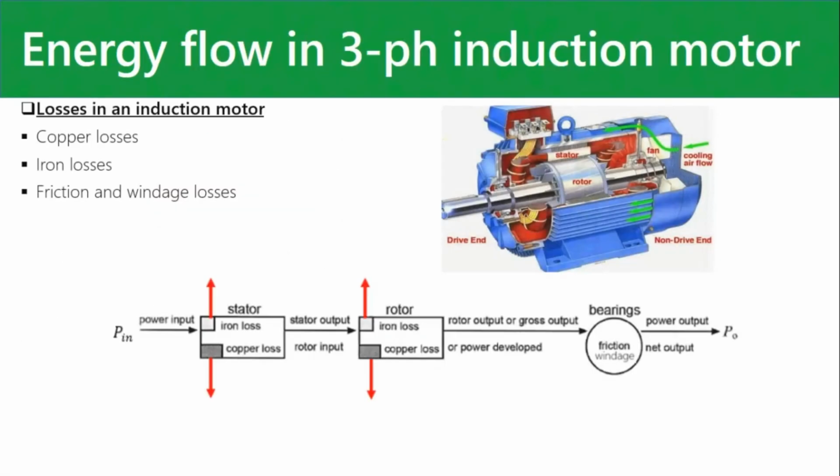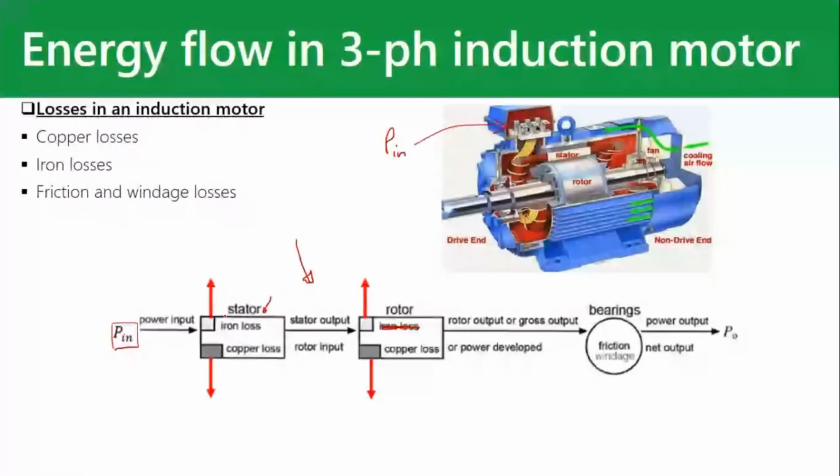All right, so energy flow in the induction motor, you must know this. This makes your life easy. So power in to the whole motor, remember that is stator input power. So that's the power into the stator, with no connection to the rotor.